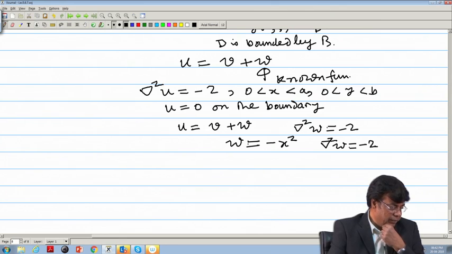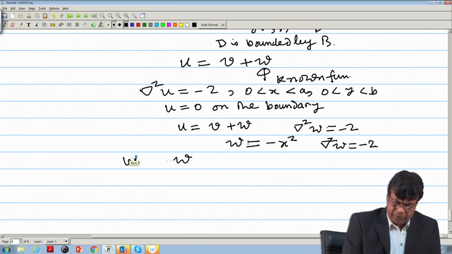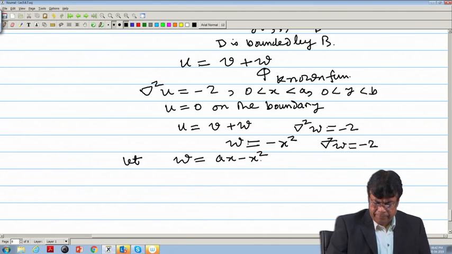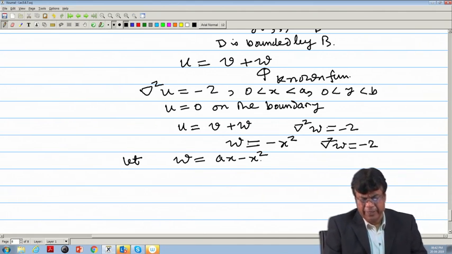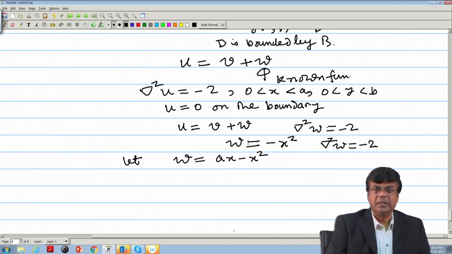So, one way to remedy this is to let w equal to ax minus x squared. If I had taken only a squared minus x squared, then the problem was that at x equal to 0, it would again be non-homogeneous.